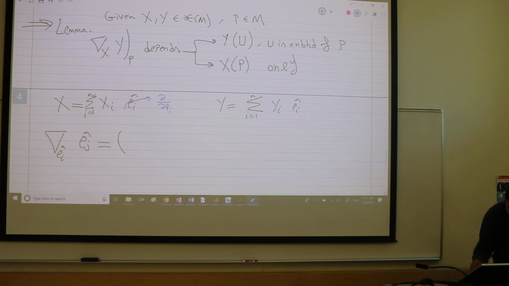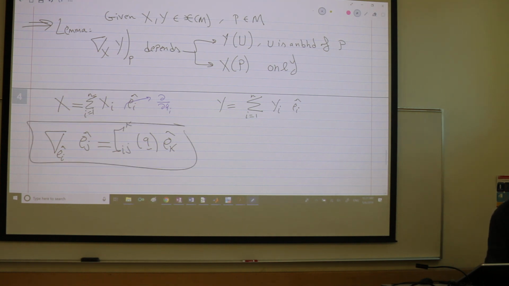The result is a vector, and I'm giving you the e_k component, okay? This e_k component is a function of your coordinates. And these guys we're going to give the very famous name, very famous in differential geometry and general relativity, Christoffel symbols. Okay?